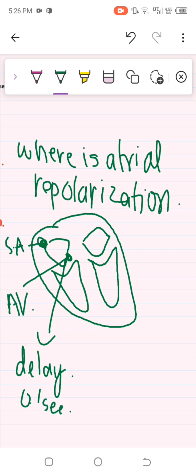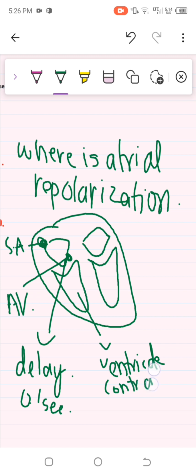When the ventricle contracts, at that time the atrium is relaxed. So at that time atrial repolarization occurs. At the same time when the ventricle is contracted, the atria are relaxed. So we do not show the atrial wave because the ventricular wave is big, so the atrial wave is not represented.